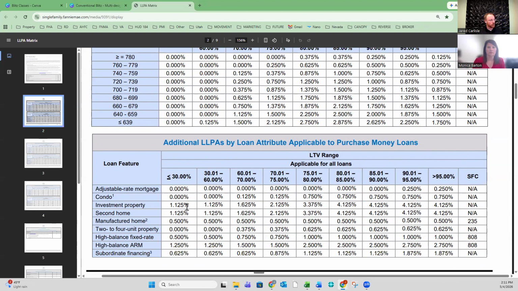And you'll see that they have different pricing adjustments. I mean, look at this investment property adjustment, 4.125%. So I don't know if something's telling you that they don't love, anyways, investment property is not cheap.